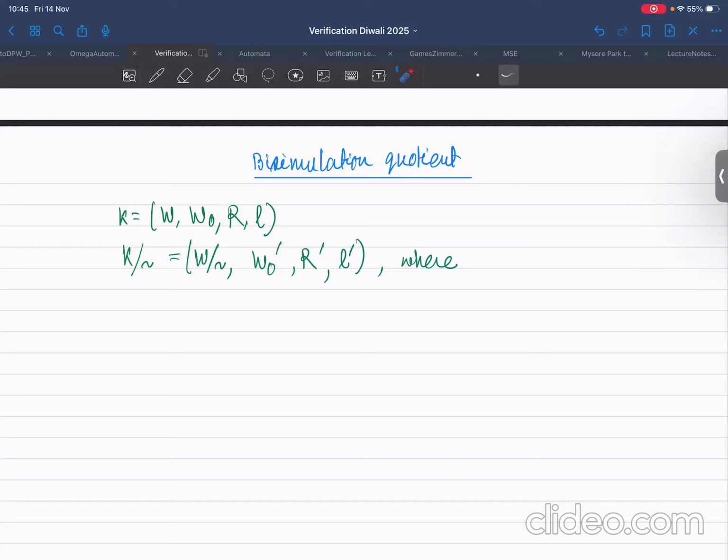You consider the equivalence classes, and by merging them together, the reduced transition structure that you get is the bisimulation quotient of the given Kripke structure, or transition system.